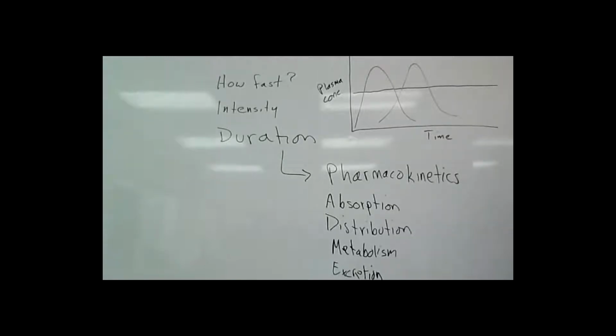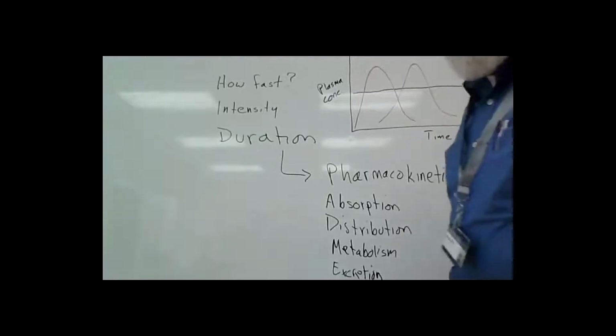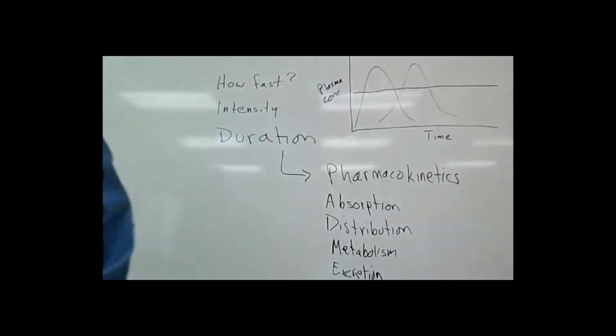And so the absorption, the distribution phase is when the drug is going through the body, and some drugs will preferentially localize in certain kinds of tissues. We have drugs that are water soluble. We have drugs that are not water soluble, and they're more fat soluble.